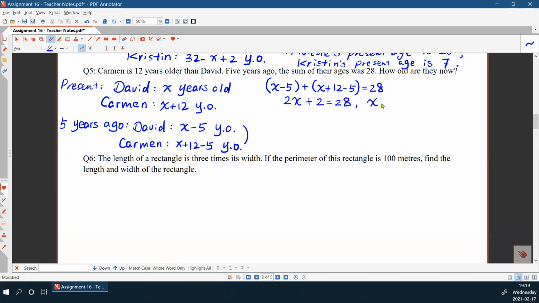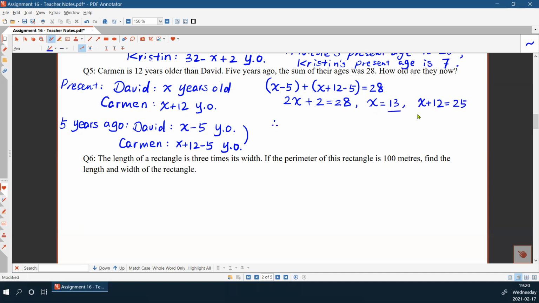So this gives us X equals how many? 2X is 26, so X is 13, right? So what is X? The meaning of X is David's present age. So of course, we need to use X plus 12 to find Carmen's present age, which is 25, right?